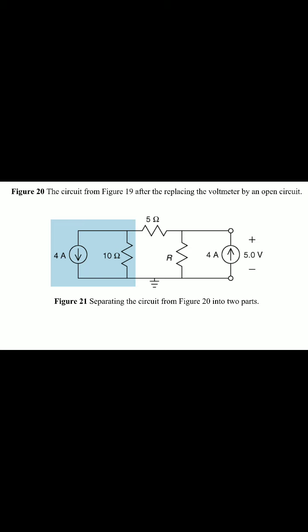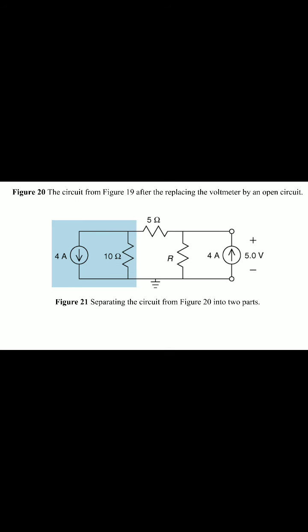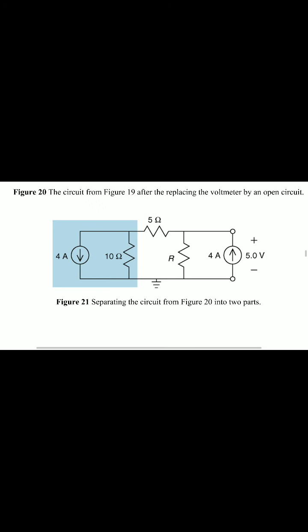So how are these two, a current source in parallel with a resistance, converted? We convert this into a voltage source. How? This current into resistance gives the voltage that is in series with the resistance.